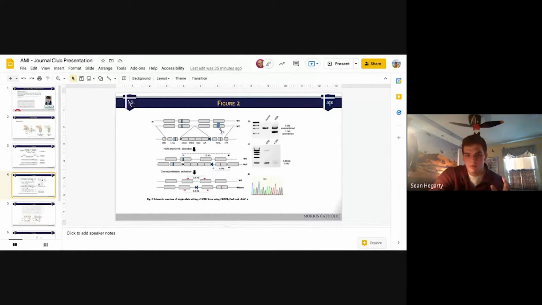So the gene they were testing is heterozygous, and typically one of those genes is on and the other one's off, and they were able to turn the one that is off on, and so that's why we see the 2 strands in figure B on figure 2.